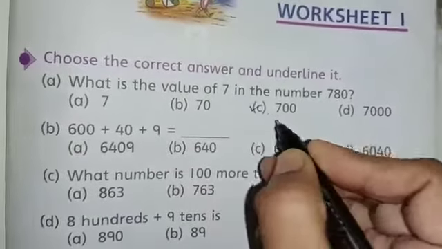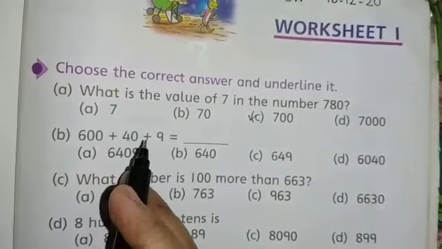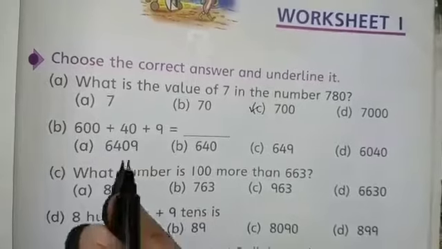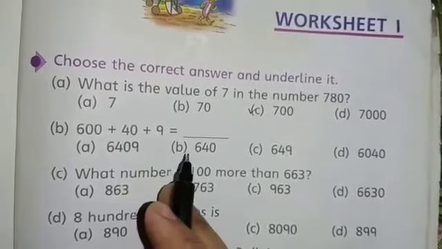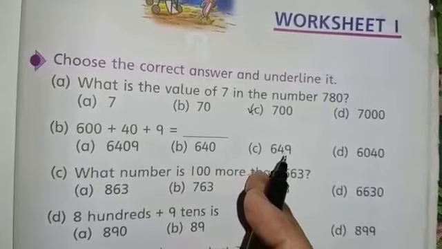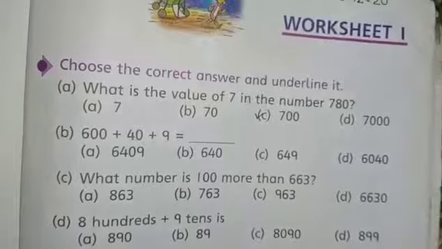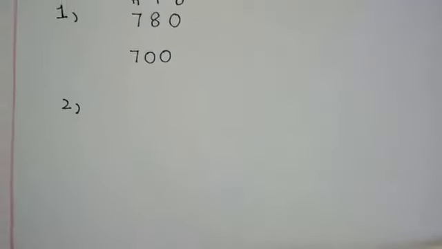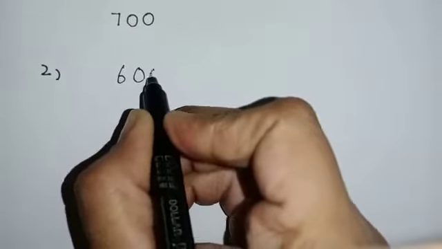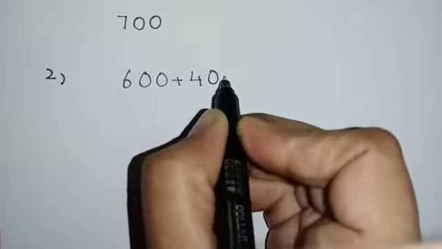So we tick it. Next, B part is 600 plus 40 plus 9 is equal to. Options are A 6409, B 640, C 649, and D 6040. The number is 600 plus 40 plus 9.